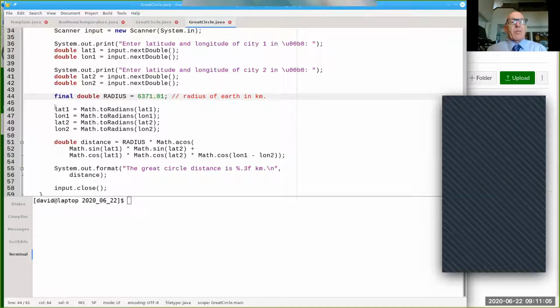Here's what I did to convert everything to radians. I took the current latitude, which is in degrees, converted it to radians, and then put it back into the same variable. I decided that would be a little bit easier than creating a whole new set of variables. If you created a whole new set of variables for radians, that's fine. It would still work out great.